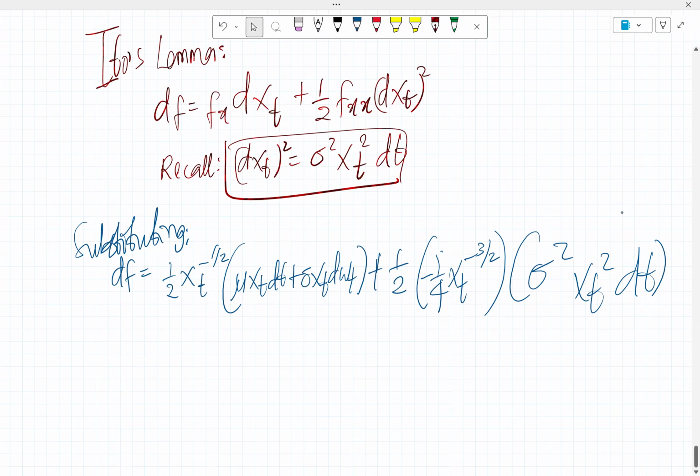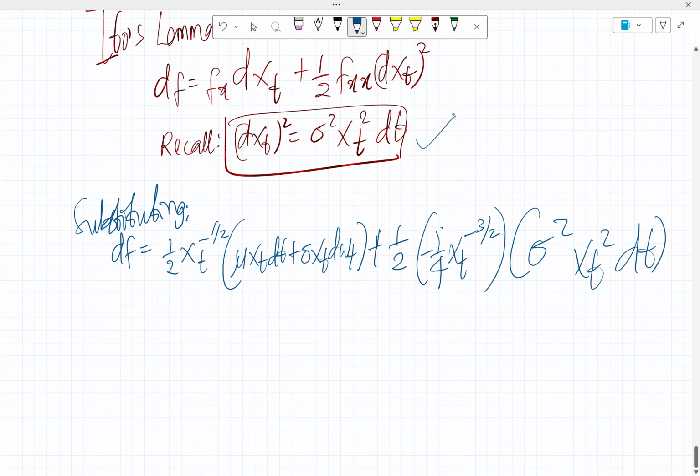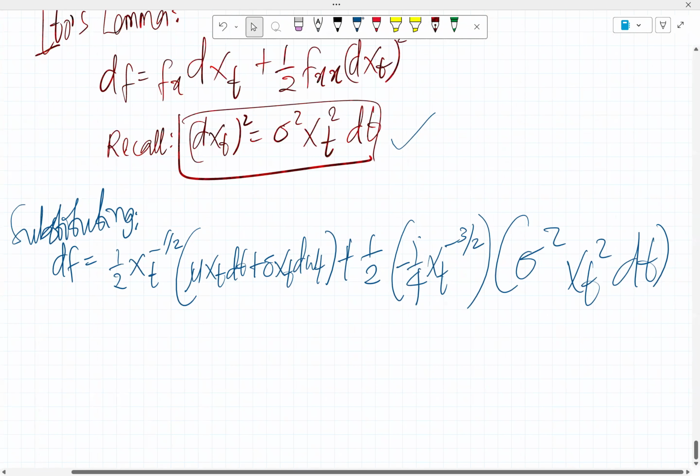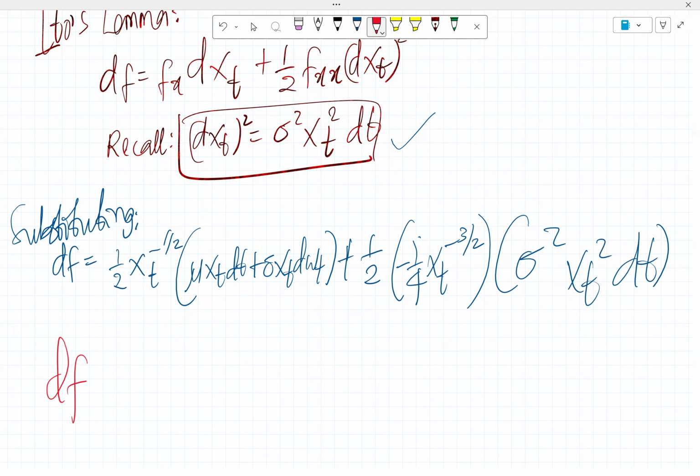That's for (dx_t) squared. So we can then try to tidy that up. So df now is equal to half x_t raised to minus half. Okay, that's done already. So we can simplify, right? For the first term here, we have half mu.